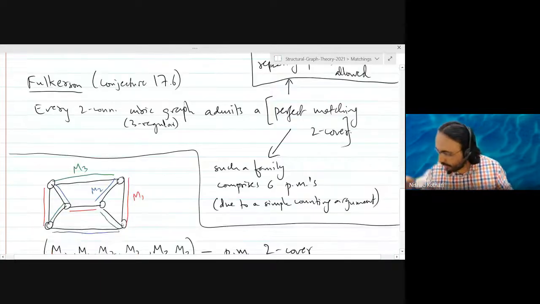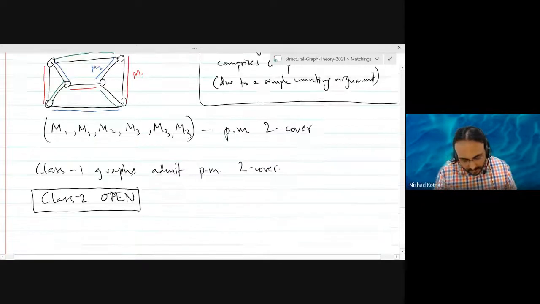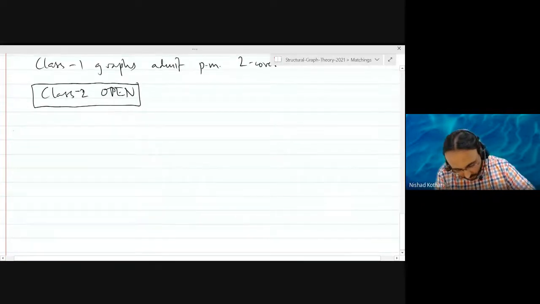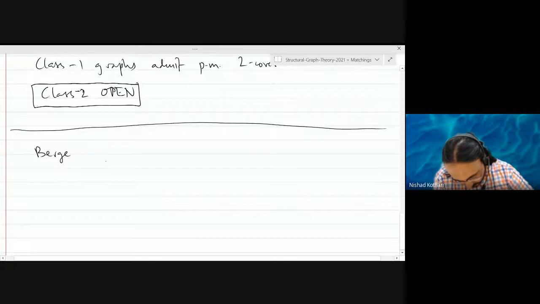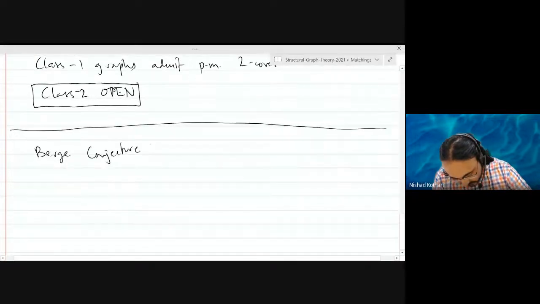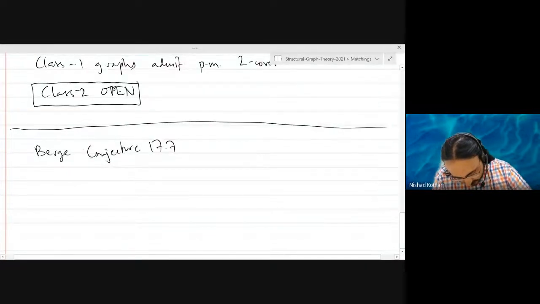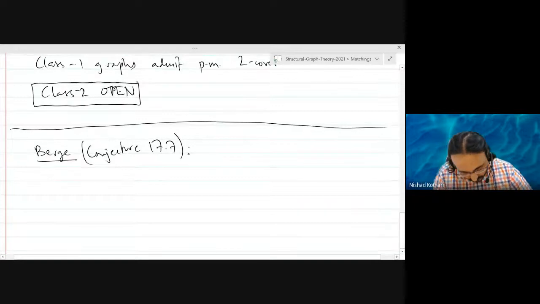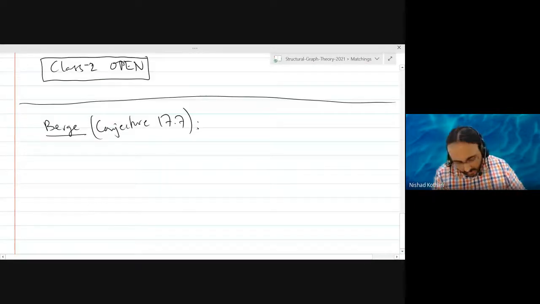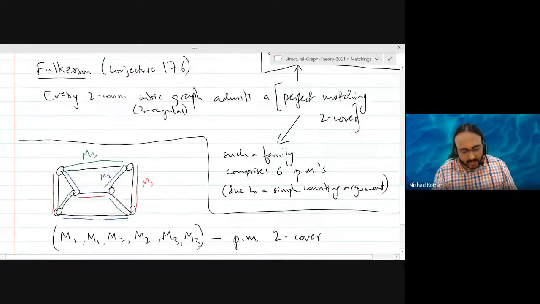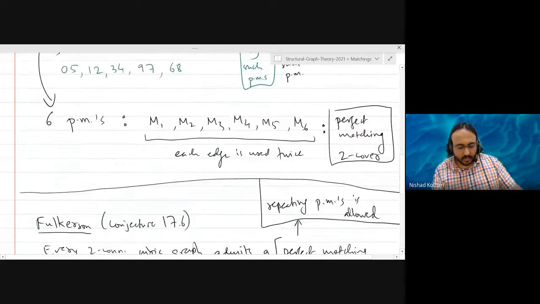Good. There is a weaker version of this conjecture. Here is Berge's conjecture, 17.7. What Berge thought is, why do we want to cover all the edges twice?